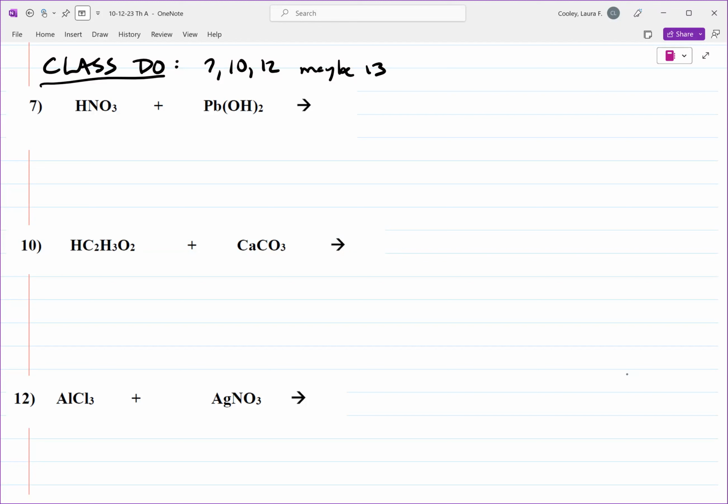That's what you get. Have to worry about the balance later. You always get carbonic acid.